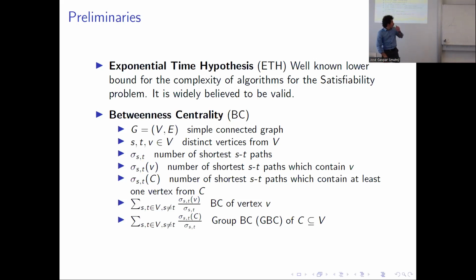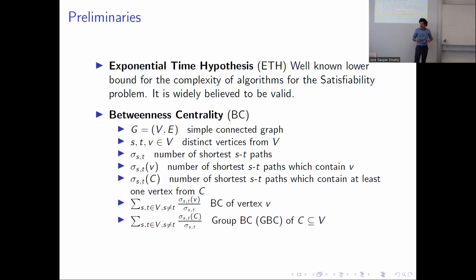Okay. And now the notation regarding betweenness centrality. We are working with simple connected graphs, so no multigraphs, no directed graphs. For any two vertices s and t, sigma st denotes the number of shortest paths between s and t. So for these two vertices, it will be 1 because there's only one shortest path.